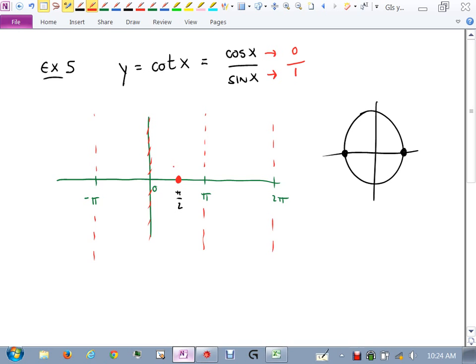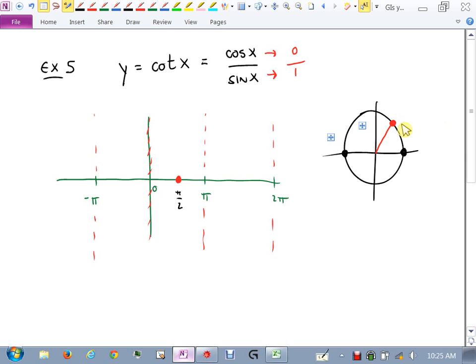Okay, well, I'll try something a little different this time, okay? I know that when I draw this, it's either going to go up or down here, and then on this way, it's going to go up or down because of the asymptote. Do you agree with that, at least? Okay, so let's try something in here like pi over 4. Here's pi over 4 on my circle.